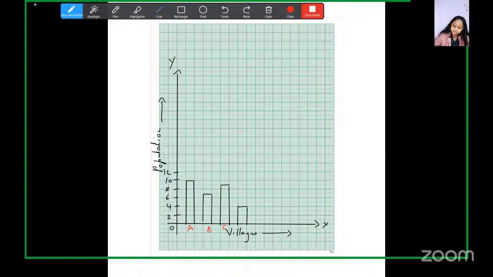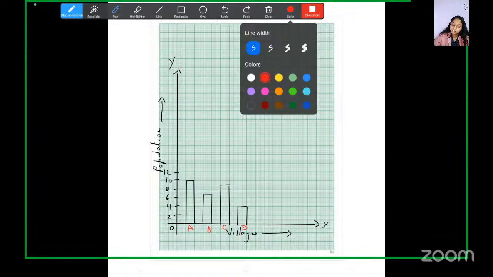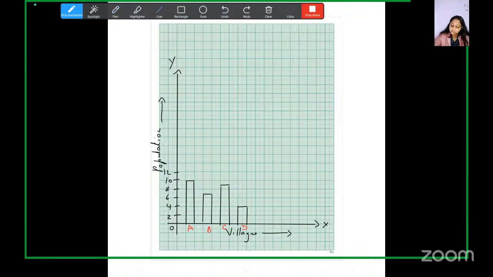Put D. And then the last one, 11 centimeter. Now you can see the block between 10 and 12. Take half of that and make a bar.